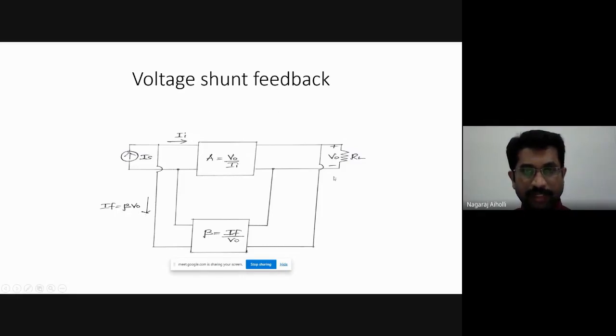Voltage shunt feedback means the output voltage is collected from the output terminals and applied as input to the feedback circuit. The output of the feedback circuit is applied in shunt, or in parallel, with the input current source. This is the meaning of voltage shunt feedback amplifier.